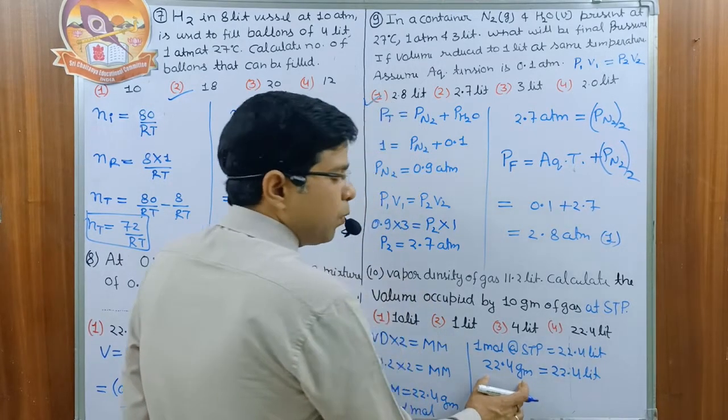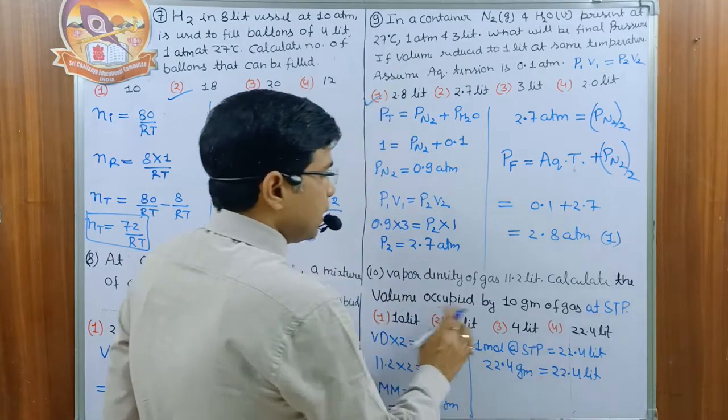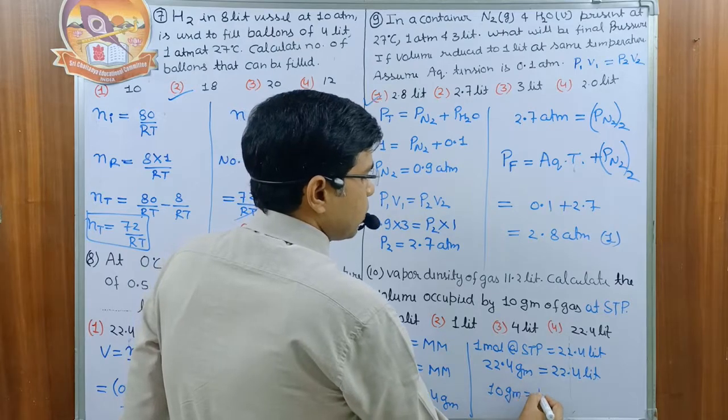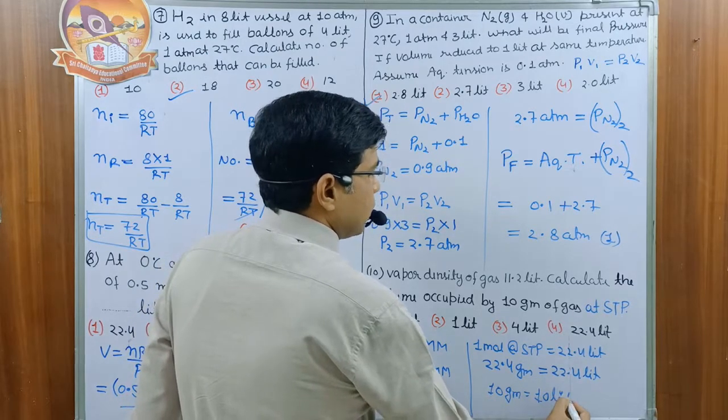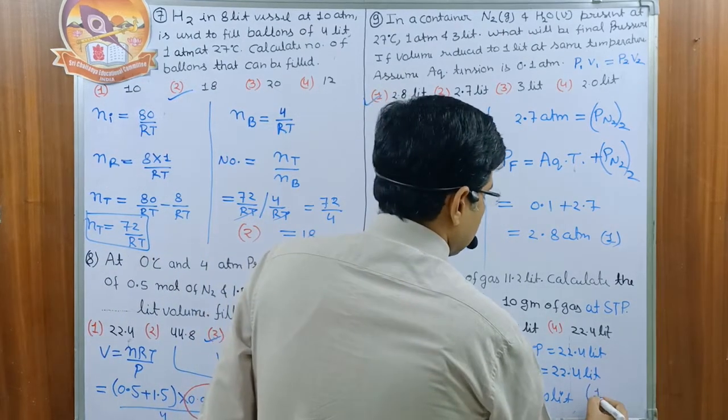So 22.4 gram of the gas is equal to 22.4 liter, then 10 gram of the gas becomes equal to 10 liter. So the correct answer of this question is option number 1.